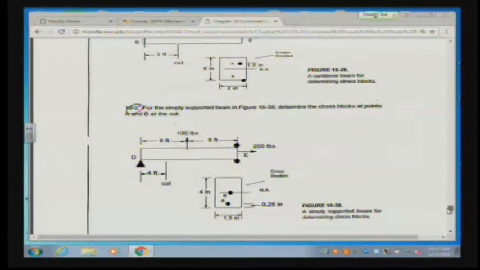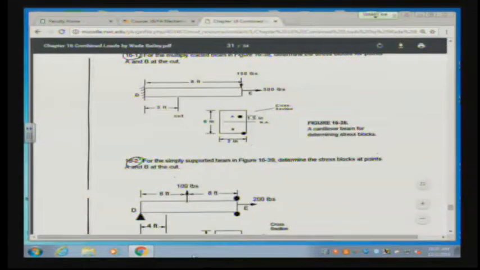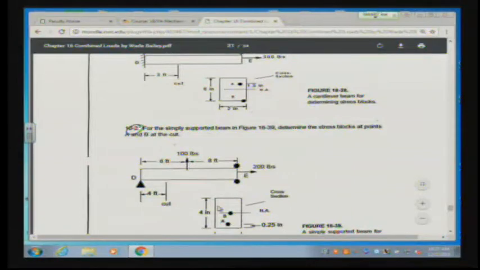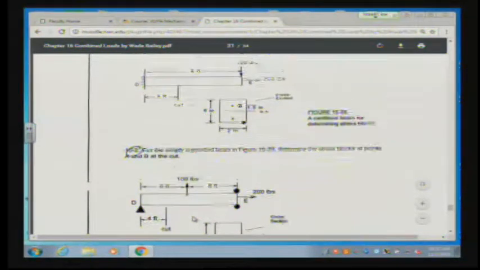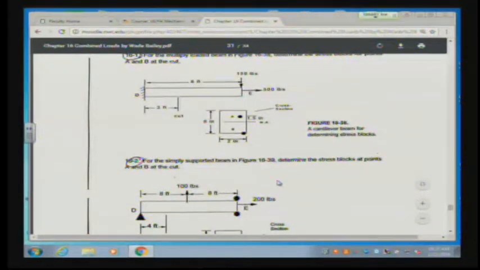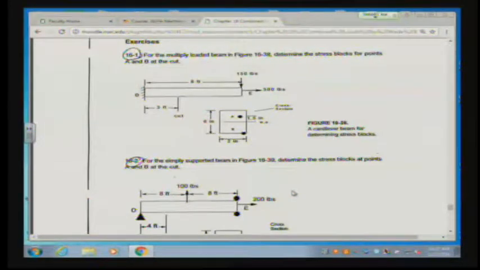But if you look at problems 16.1 and 16.2, these are very similar to the types of problems that we just did in this example. And so what I would like you to do for homework tonight are problems 16.1 and 16.2.